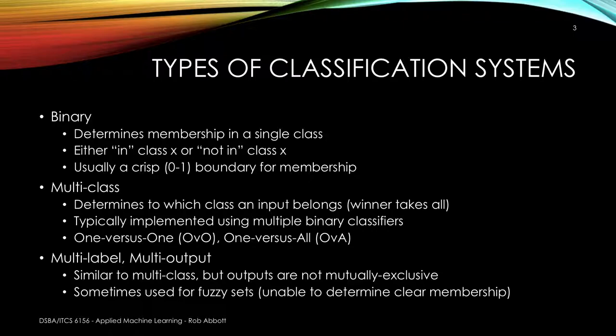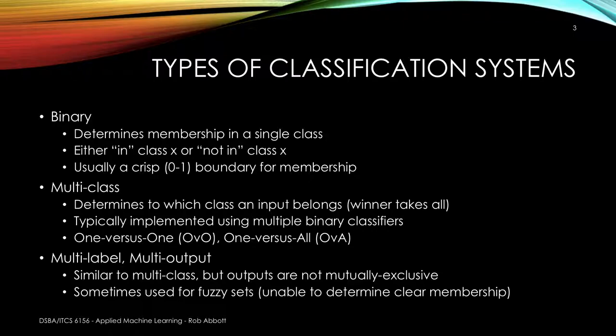So there are three types of classification systems that we're going to address in this module. The first is a simple binary classifier. This determines membership in a single class. So you're either in the class or you're not in the class. You're not defining membership among multiple classes.